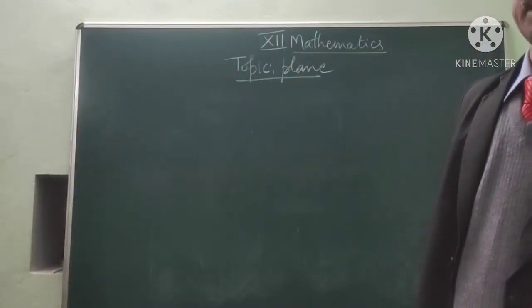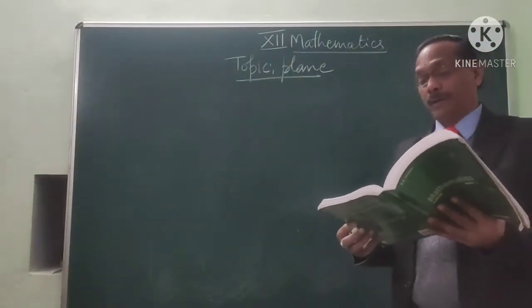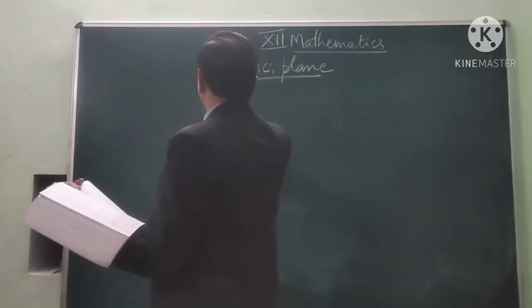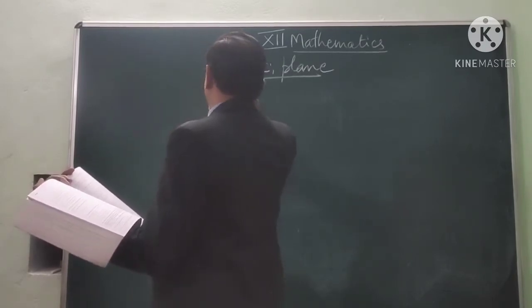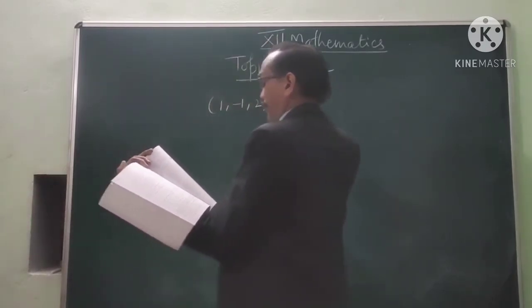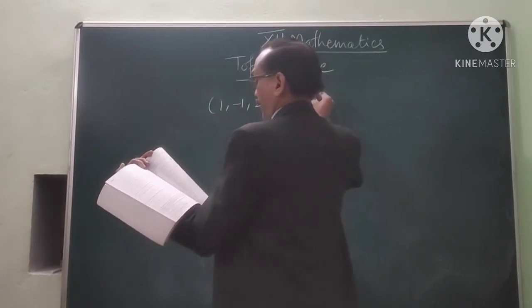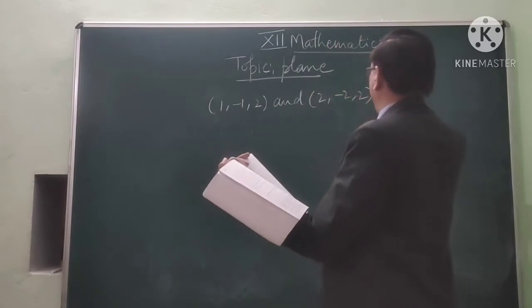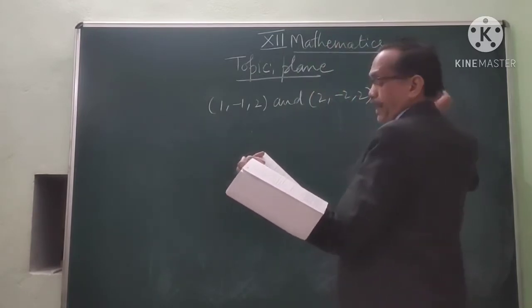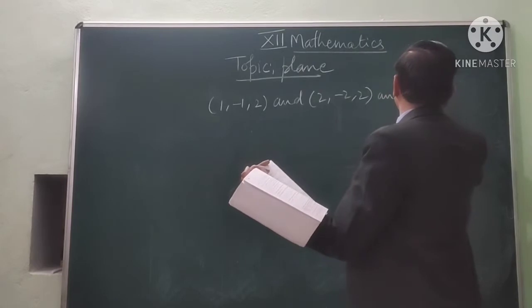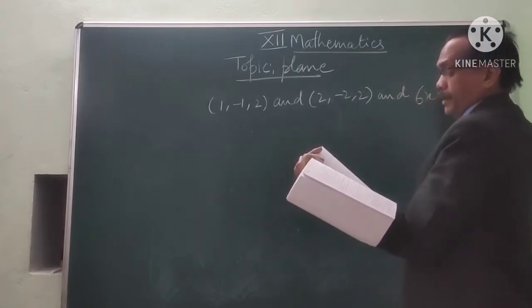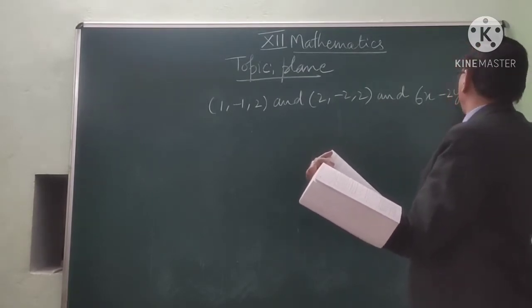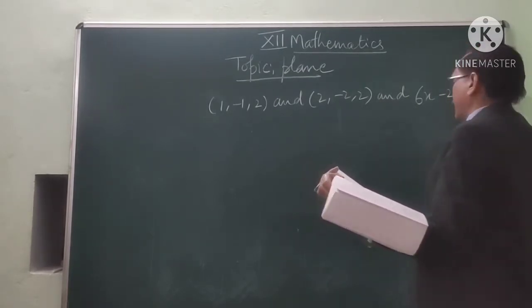Now next is: find the equation of the plane passing through the point (1, -1, 2) and (2, -2, 2), and which is perpendicular to the plane 6x - 2y + 2z = 9.